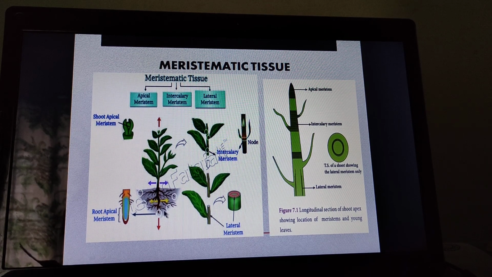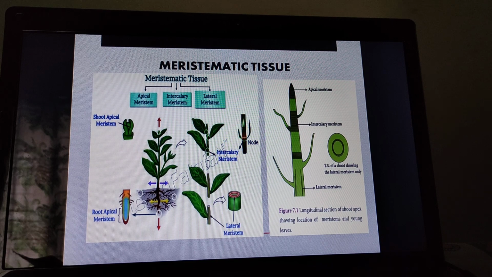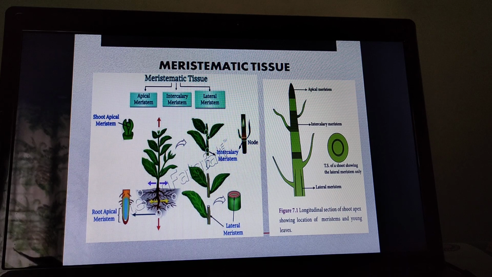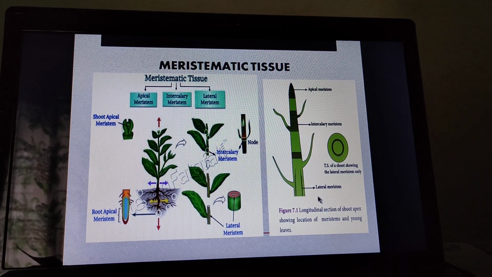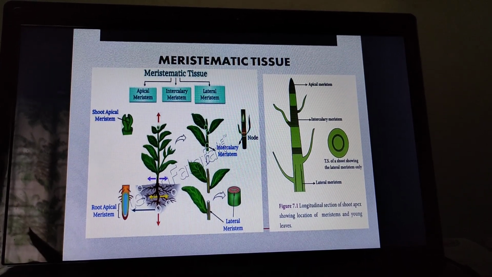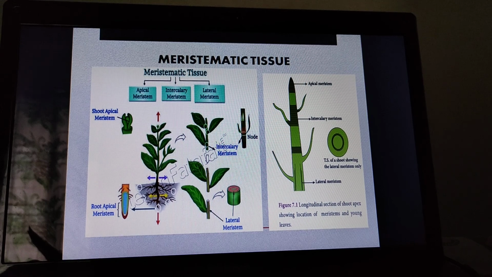Lateral meristem present at the lateral sides of root and shoot. If lateral meristem divides and grows, the plant increases in width and thickness. So this kind of growth is known as secondary growth. That's all about meristematic tissue.